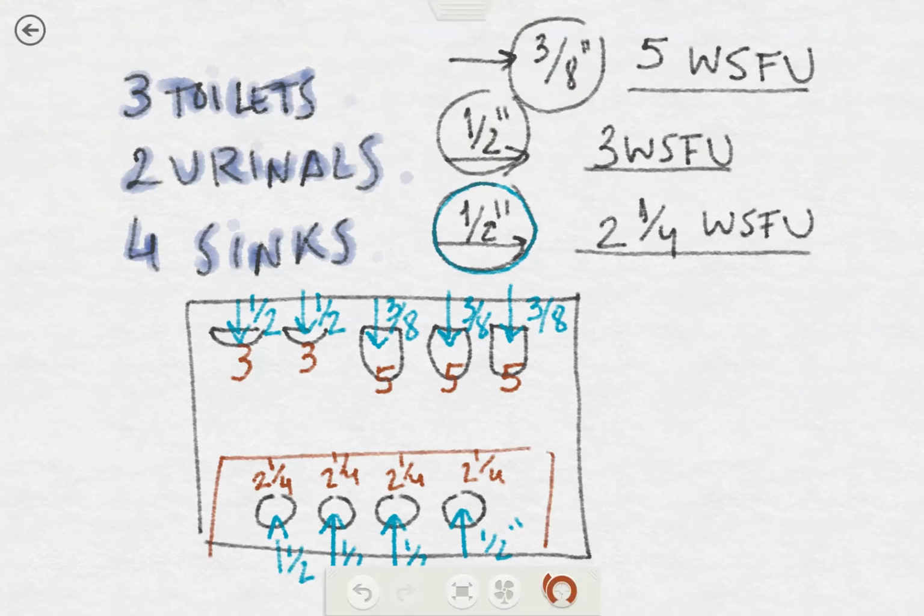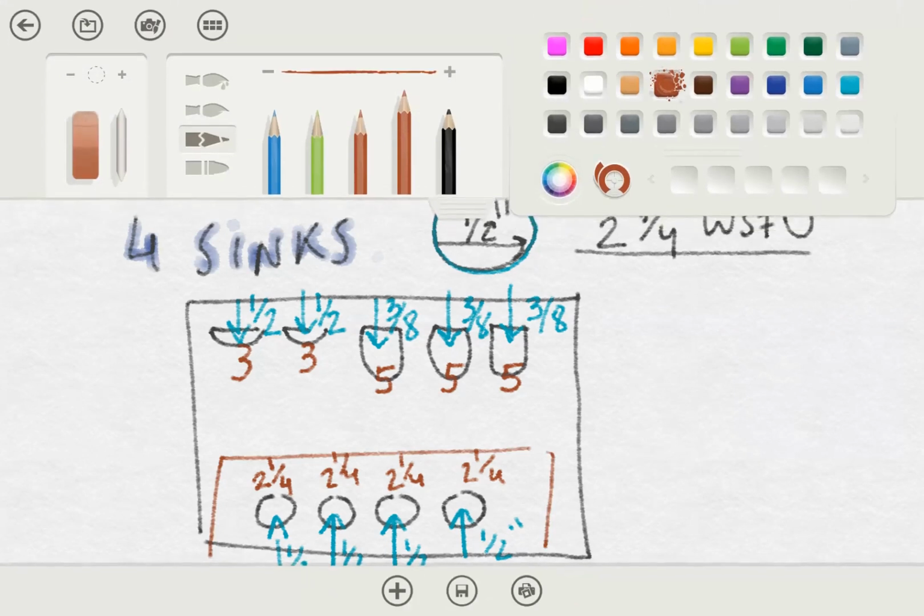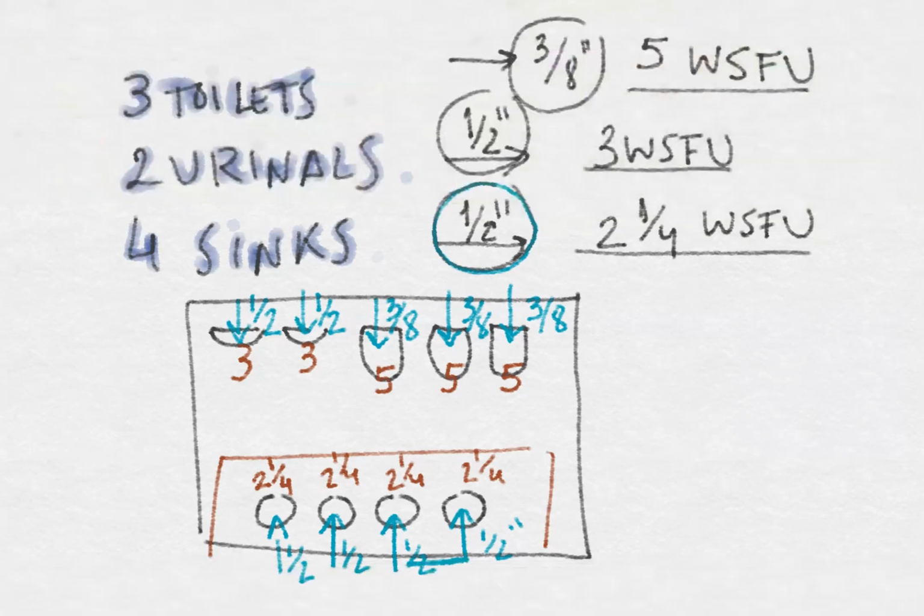If we are working with the blue, let's make it thicker. This pipe here should be 1 inch. It can't be 3/4 because 3/4 is only for 3 1/2 inch fixtures. If we have 4, 1 inch is fine.